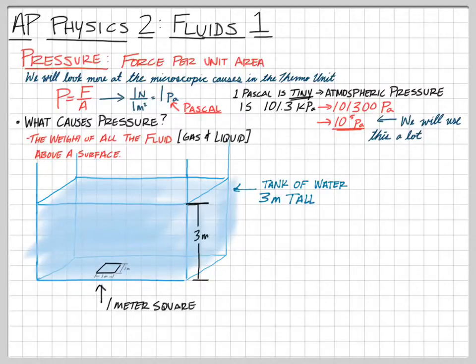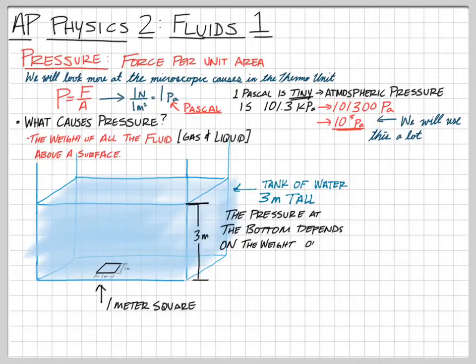So what we're going to do is look at the pressure on that 1 meter square underneath of our tank. So what we want is the pressure at the bottom of the tank where that 1 meter square is. And it depends on the weight of all of the water right above it.